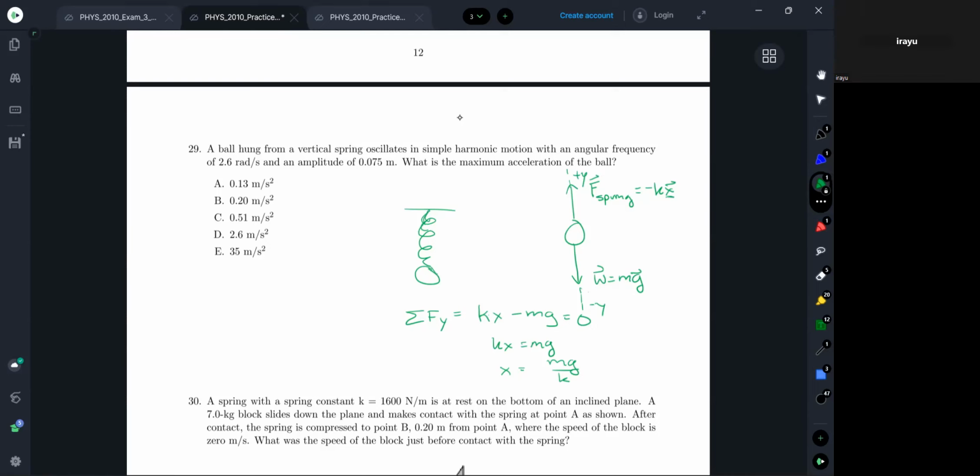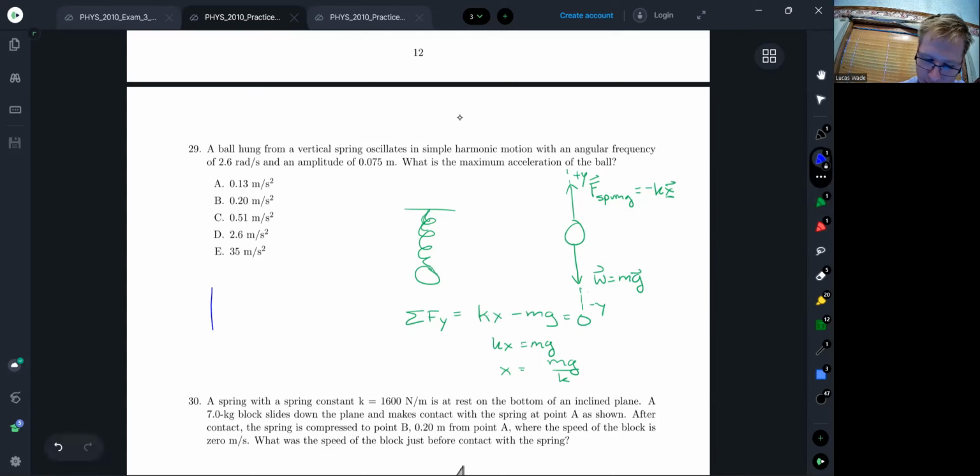Okay, on the exam, not on the exam, on the homework, there was a question where we had to draw the free body diagram, and there were two forces, Fx and Fn. F sub x and F sub n. Oh, so you might have like a ball stretched out, but sitting on a table.